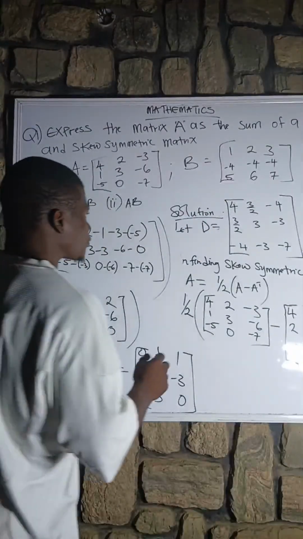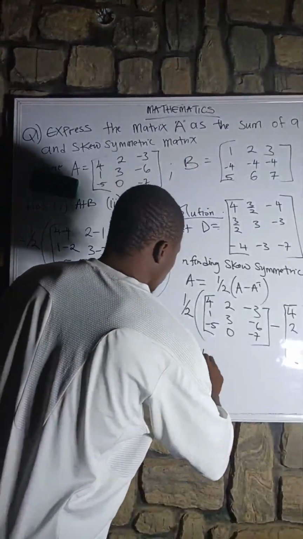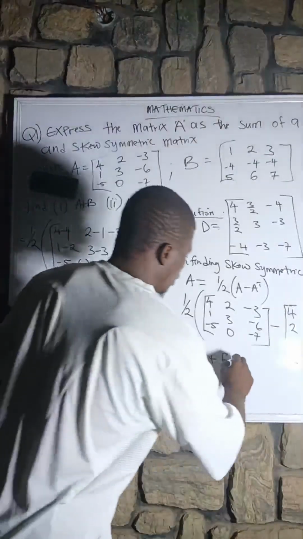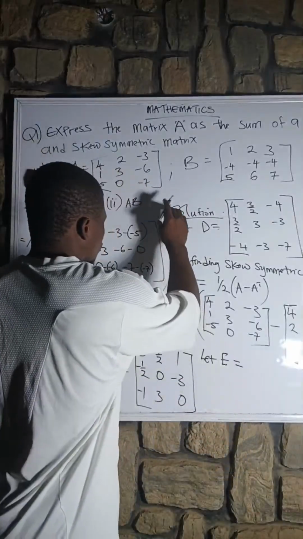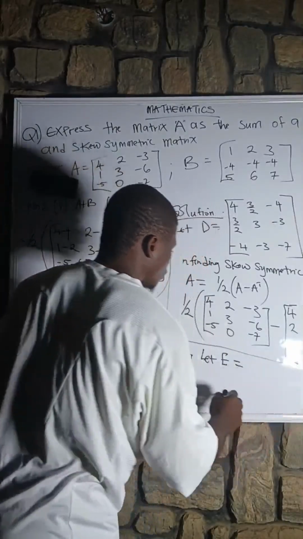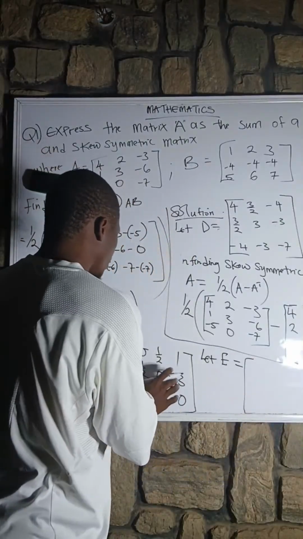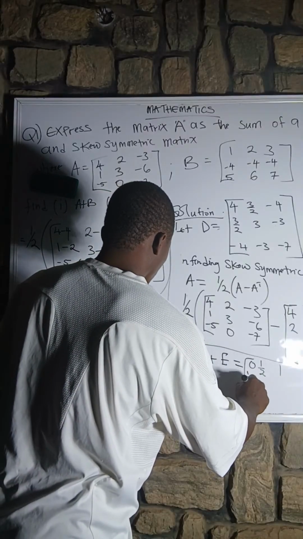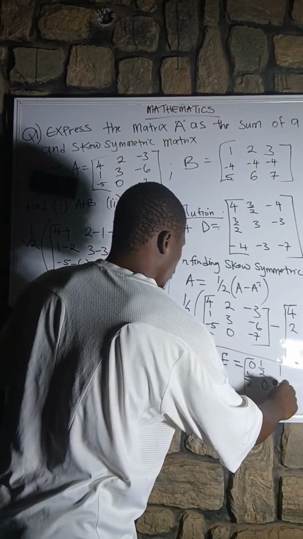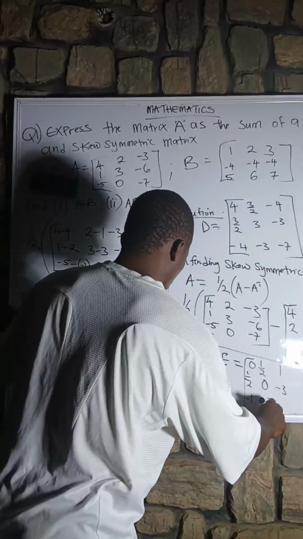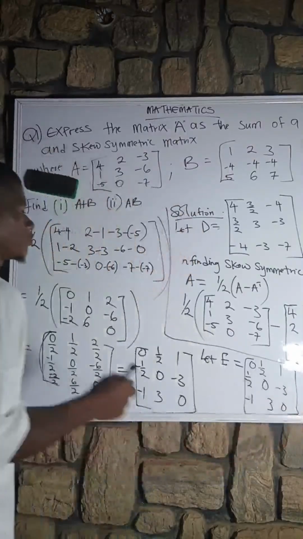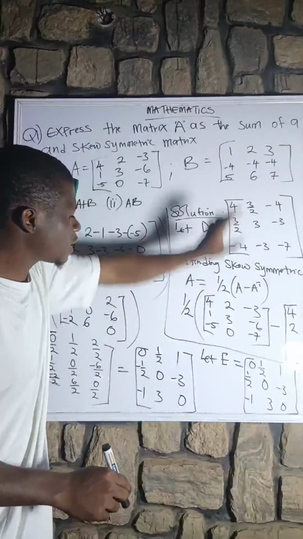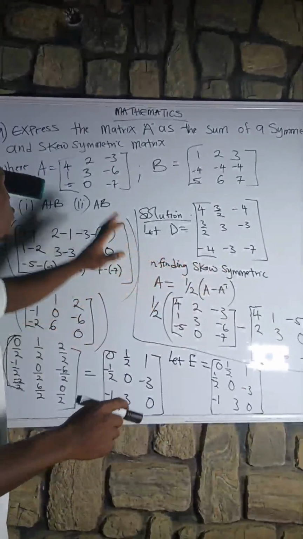So we say, let E be equal to the matrix 0, 1 all over 2, 1, minus 1 all over 2, 0, minus 3, minus 1, 3, 0. So you have found your E, you have found your D, you have found your symmetric, and you have found your skew symmetric.